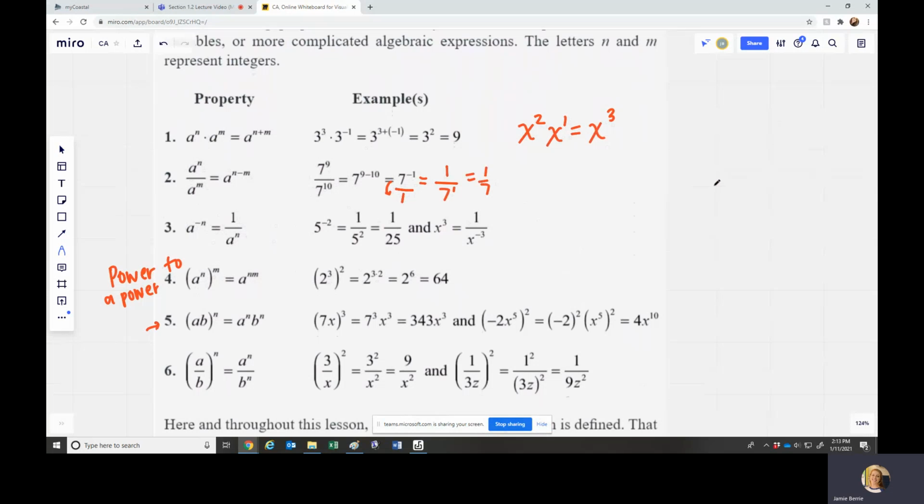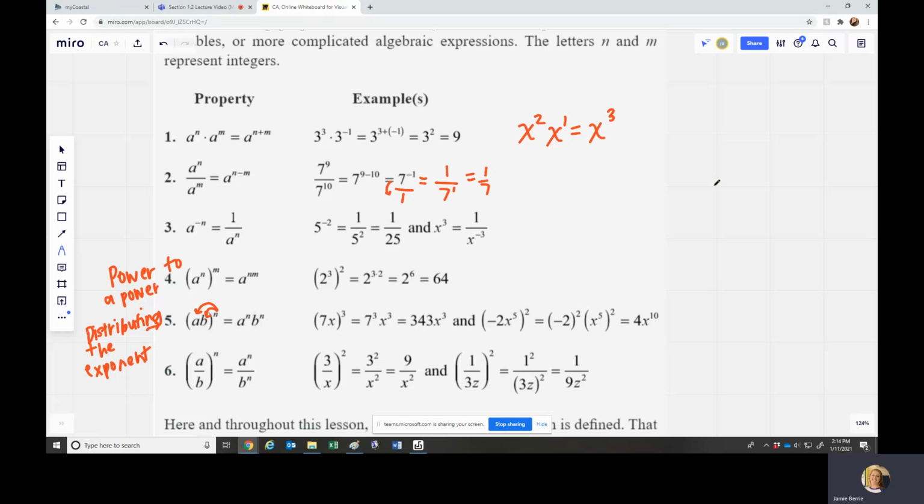This one right here, I would call distributing the exponent or the power. If you have more than one term inside your parentheses, like here we have a times b raised to the nth power, you have to make sure to distribute that exponent to both terms. So that becomes a to the n times b to the n.